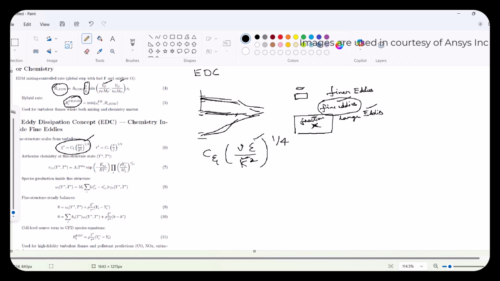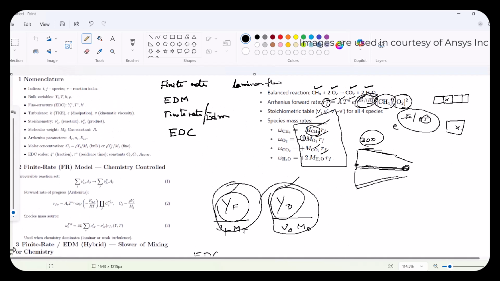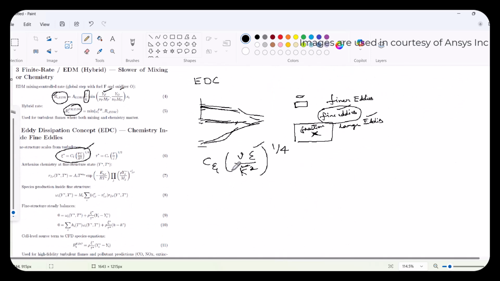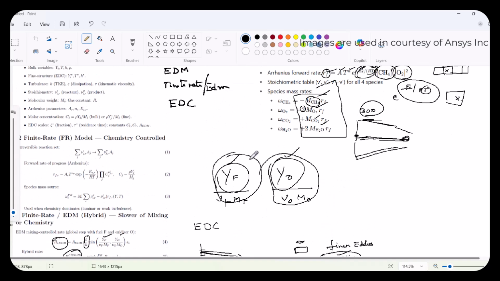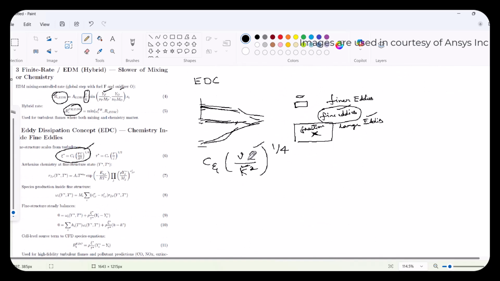Now if you take this value, you will understand how it represents the fine eddies, because this will have no units, it is a mass fraction. You can see epsilon star is a fraction, so the fraction will not have any units. If you trace down the units, this boils down to no units, and this is the amount of fraction of fine eddies present in a single cell. It's a mass fraction, you can say.